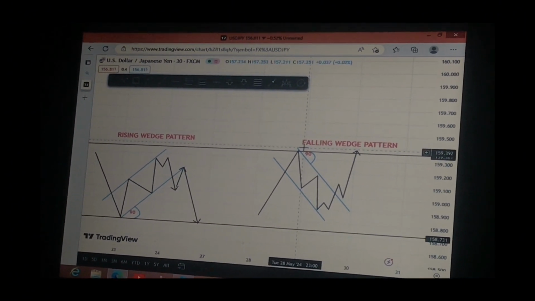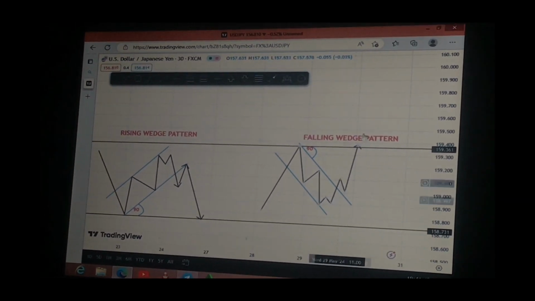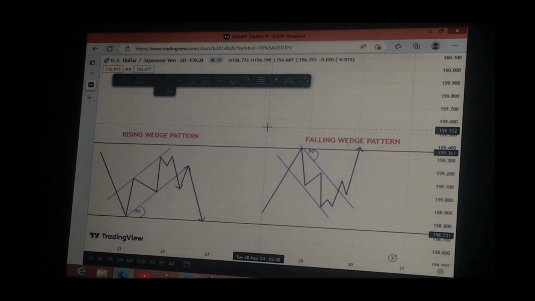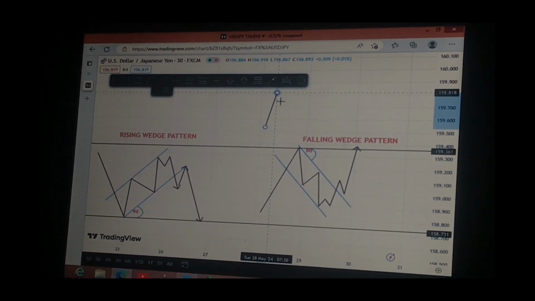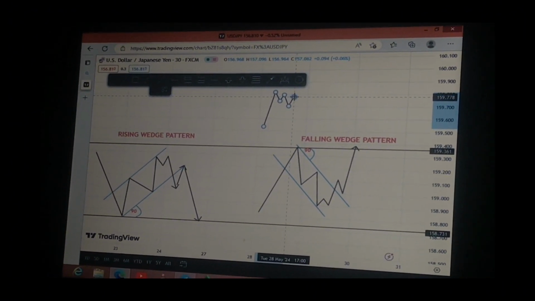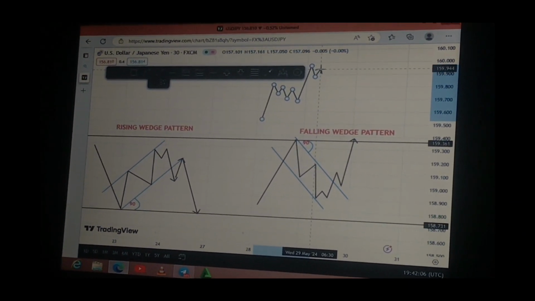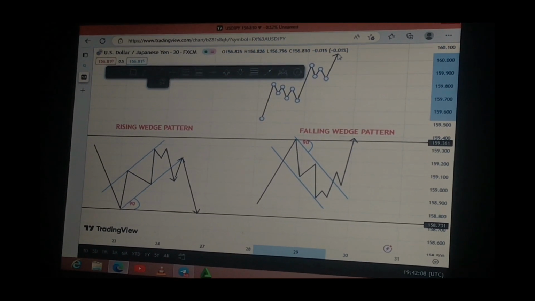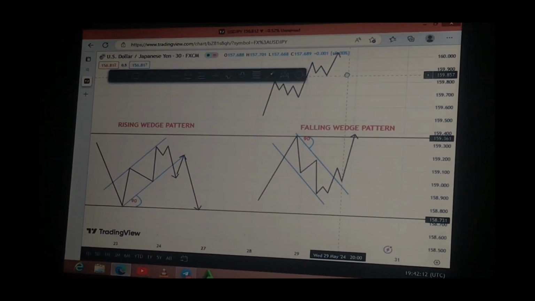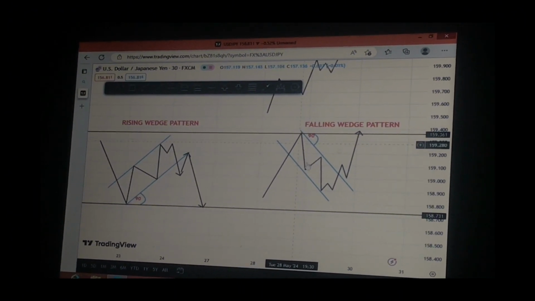And then we have a falling wedge. As you can see, this is a flag that is falling and then goes up. Same thing. If you're gonna have an impulse, you're gonna have a correction, and then impulse, correction, something like that. So as you can see, we had an impulse and then a correction.